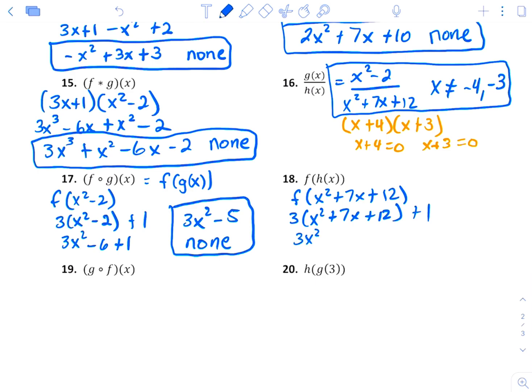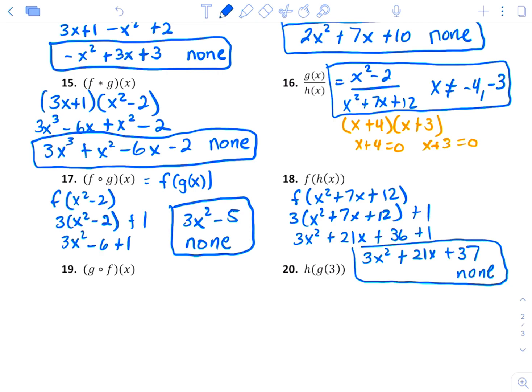So 3x squared plus 21x plus 36 plus 1. And then if I combine those like terms, I will have 3x squared plus 21x plus 37. And my restriction would be none. And again, I know that because I have that quadratic equation and I don't skip any x values in that.